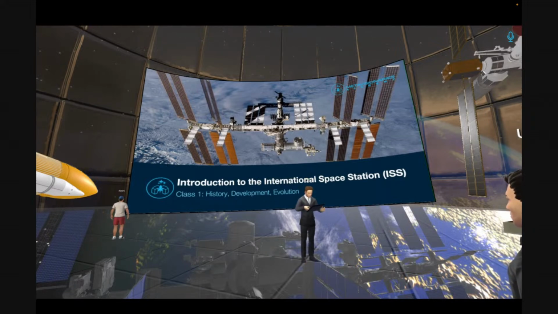And this is a project that was developed over the course of over 10 years. This was built over 10 years. And what you see here is the ISS in its completed configuration. This photo was taken in 2011 after the configuration was complete.